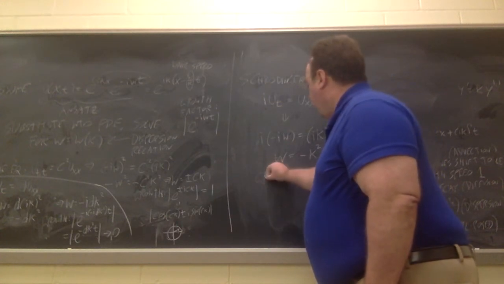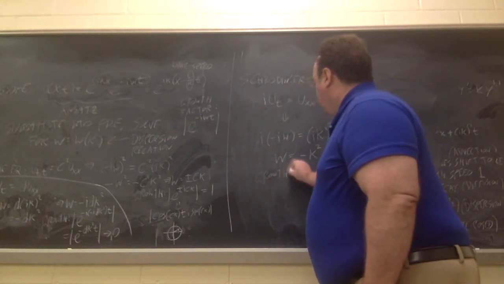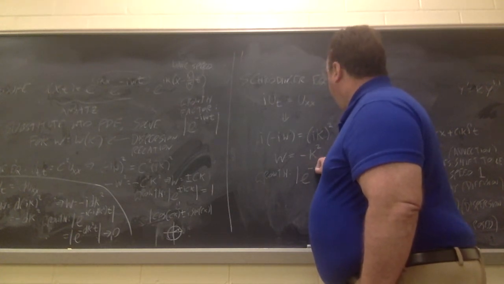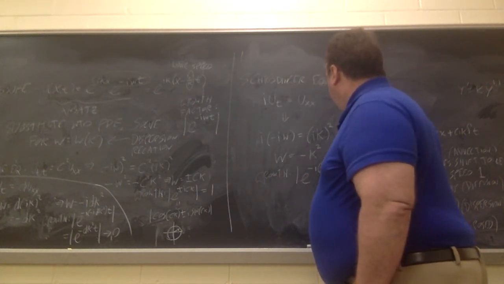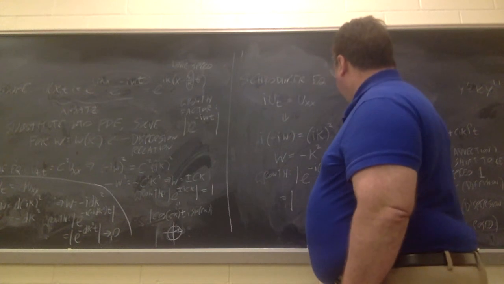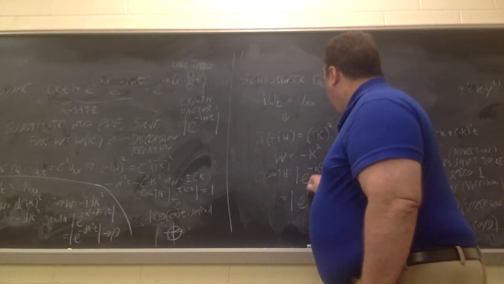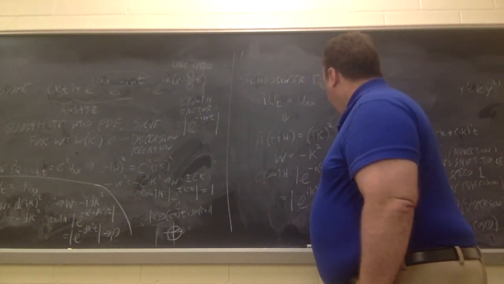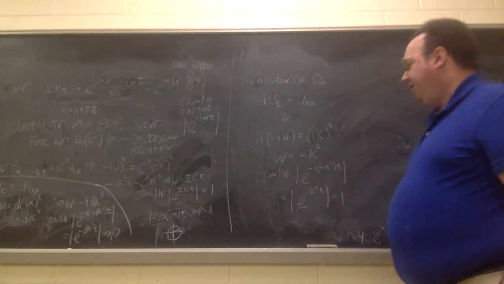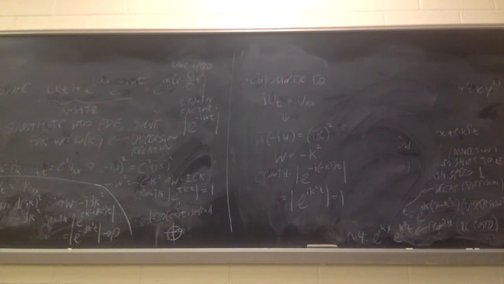So the growth factor is e to the minus i w t, which is minus k squared t. So I'll clean that up. So it's e to the i k squared t. Well, this is 1 again, similar to the other case. So there's no growth or decay.